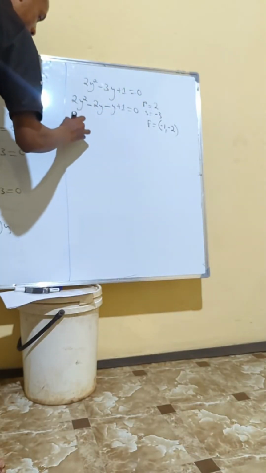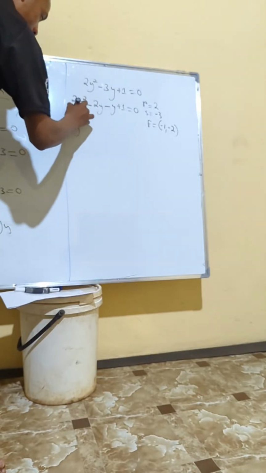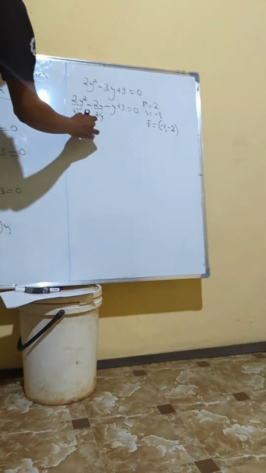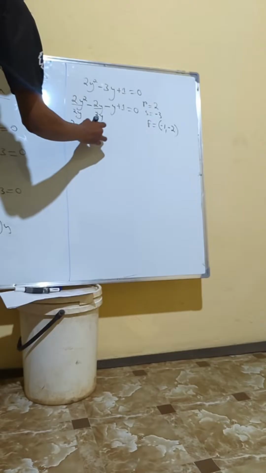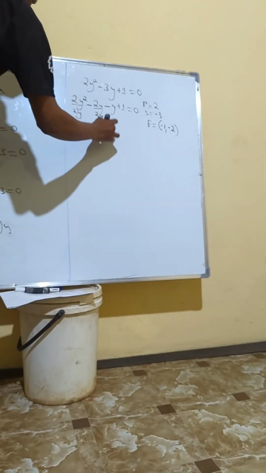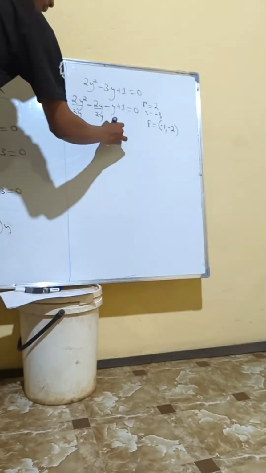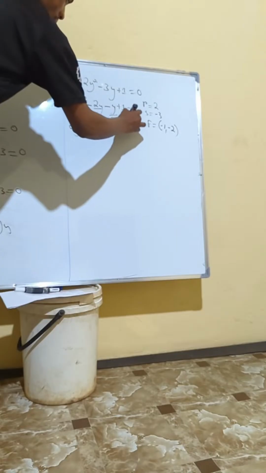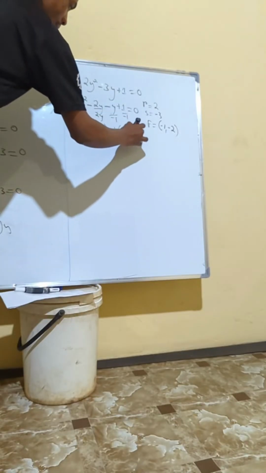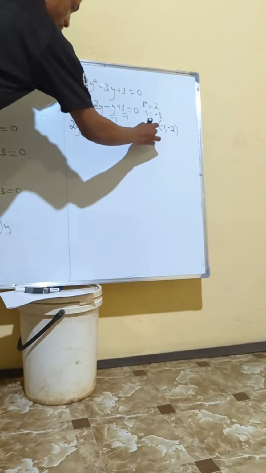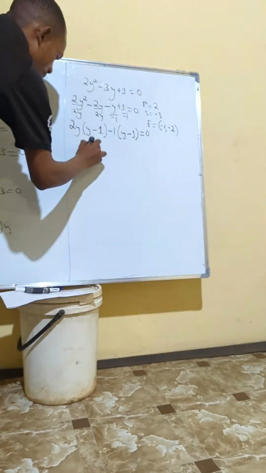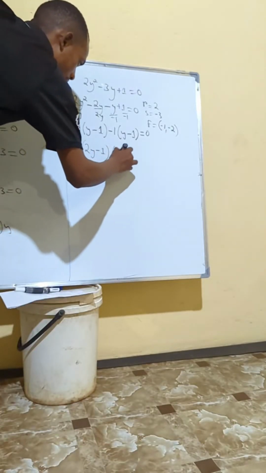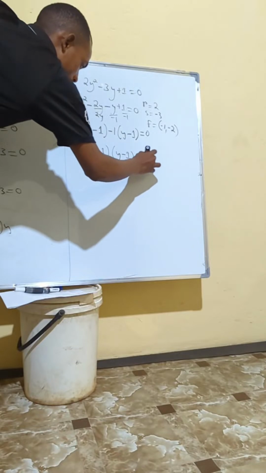We factorize what is common here, which is 2y. We divide by 2y. Here we're going to have y minus 1. Then it is negative 1. That's a common one. We divide by negative 1. The remaining is y minus 1 is equals to 0. Then it will be 2y minus 1 times y minus 1 is equals to 0.